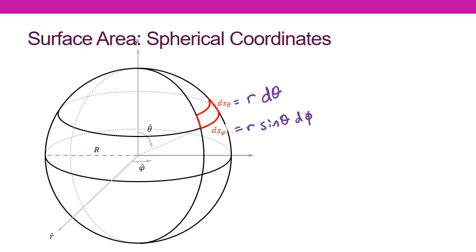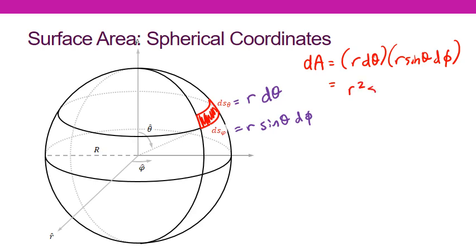So my area, this little area element, is going to be r d theta times r sine theta d phi, or I might write this r squared sine theta d theta d phi.